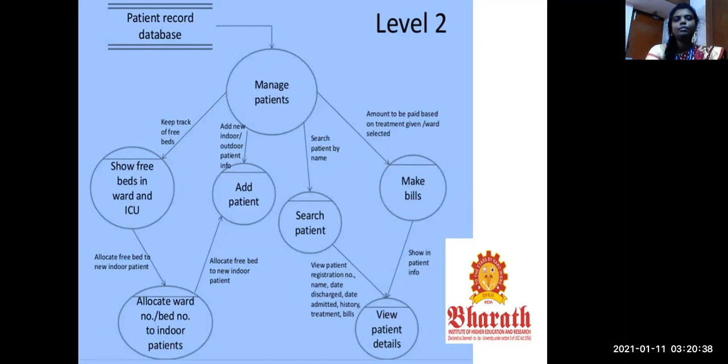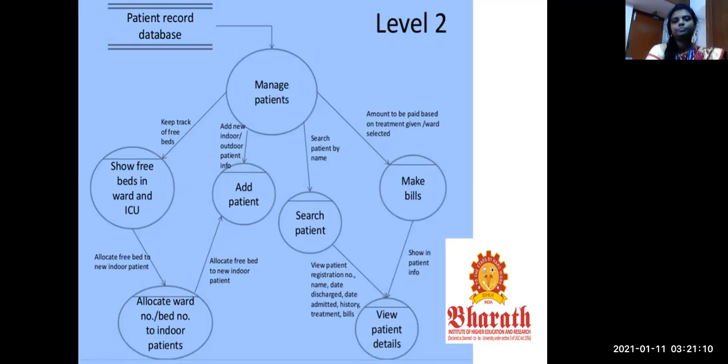After that, add the new indoor and outdoor patient information. So their age, their sex, for what reason they have come to the hospital, and if they are going to be admitted, what disease or disorder they have, right? All those details will be mentioned here. First they will look for a free ward and free beds in the ward, and then they'll add the patient's info.